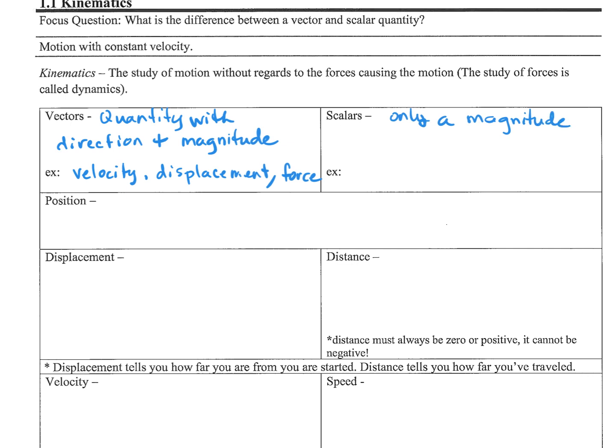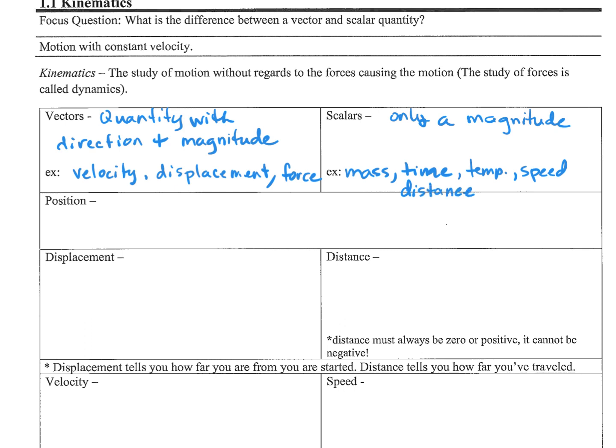It doesn't include direction. Things that have magnitude are things like mass, things like time. Believe it or not, time does not have a direction. Temperature, speed, distance.